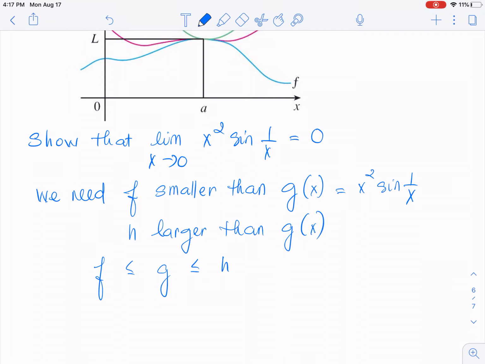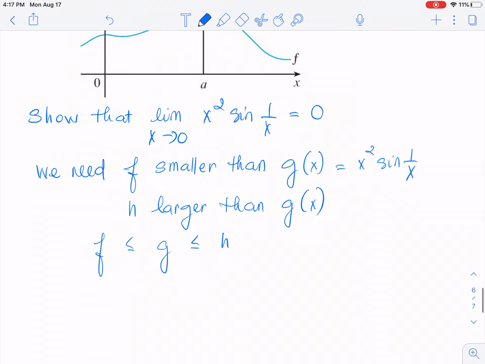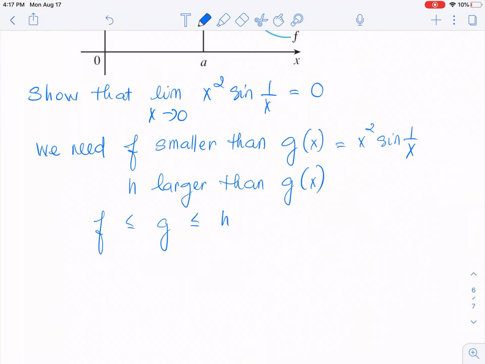To do this, we know that the sine function is bounded between -1 and 1. So we can write -1 less than or equal to sine of 1 over x less than or equal to 1. Now I'm going to multiply by a positive number.